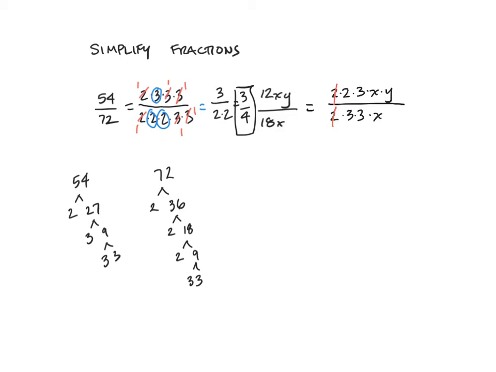And when you cancel them, if you cancel them like the way I have here, it looks like the red dash just looks like it becomes a 1. So this becomes 1, this becomes 1. And the x and the x. And so what we're left with here is 2y over 3. And that is the simplified version or simplified fraction for 12xy over 18x.